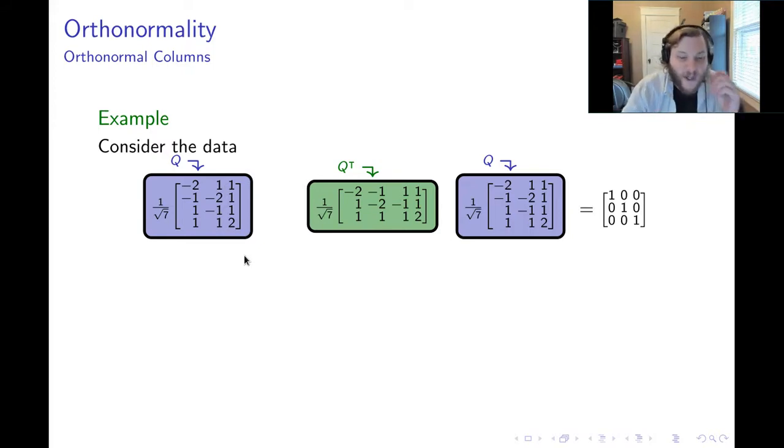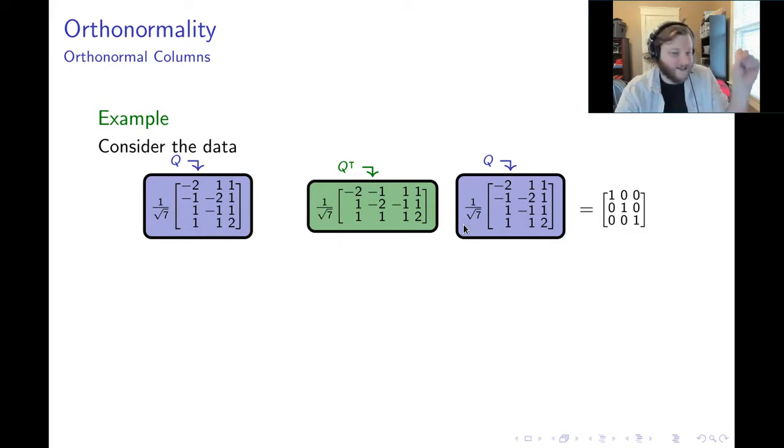We can sort of see this calculation here. Like this 1, 1 entry is the inner product of -2, -1, 1, 1 with itself, and then we divide by root 7 twice. Well, -2, -1, 1, 1 inner product with itself is 4 plus 1 plus 1 plus 1, which is 7. And then if I divide by root 7 twice, I get 1.